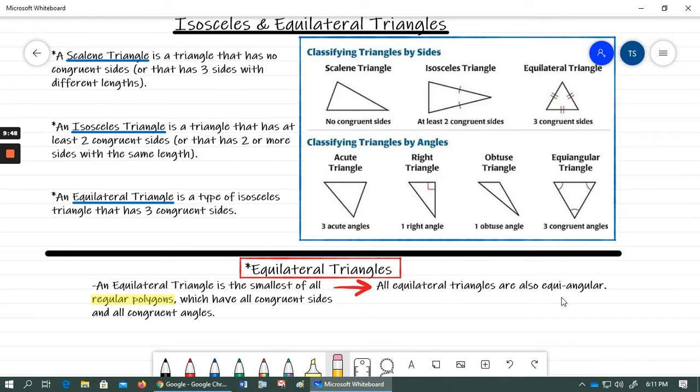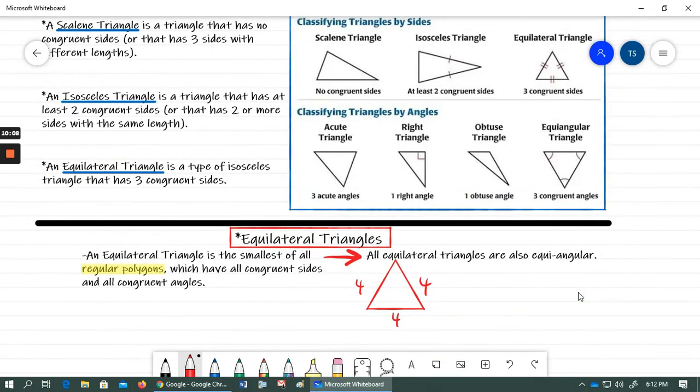So folks, you won't see an equilateral triangle where all three sides are the same, like if that was 4, 4, and 4, right? You can't have an equilateral triangle without having all of the angles be congruent to each other.